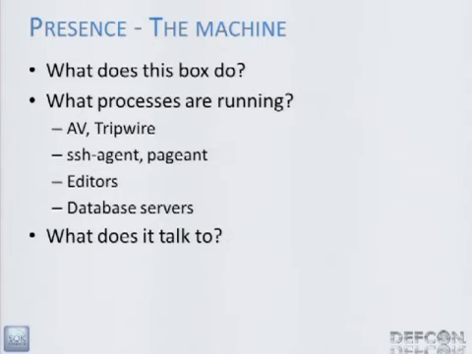SSH agent and Pageant are both very cool processes to see in the list, because it often means that you can steal that person's keys. If you upload Plink, and there was a cool blog post about this, I can't remember where I saw it, but it was a couple of weeks ago, it will automatically use any keys that are stored in Pageant.